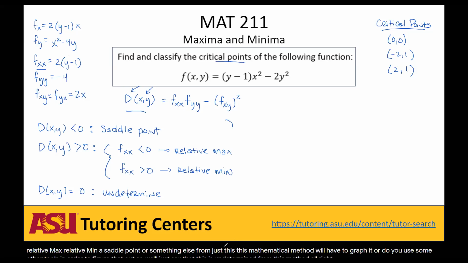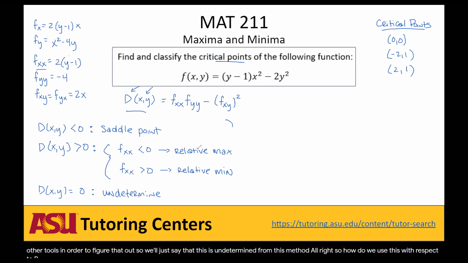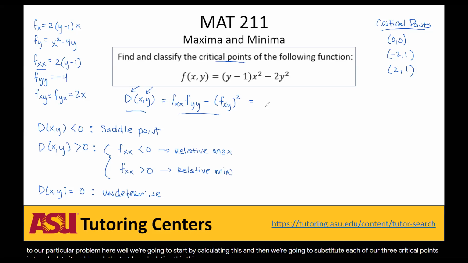All right. So how do we use this with respect to our particular problem here? Well, we're going to start by calculating this, and then we're going to substitute each of our 3 critical points in to calculate its value. So let's start by calculating this. This is going to be f of xx, which is our 2y minus 1 from over here, times f of yy, which is negative 4.